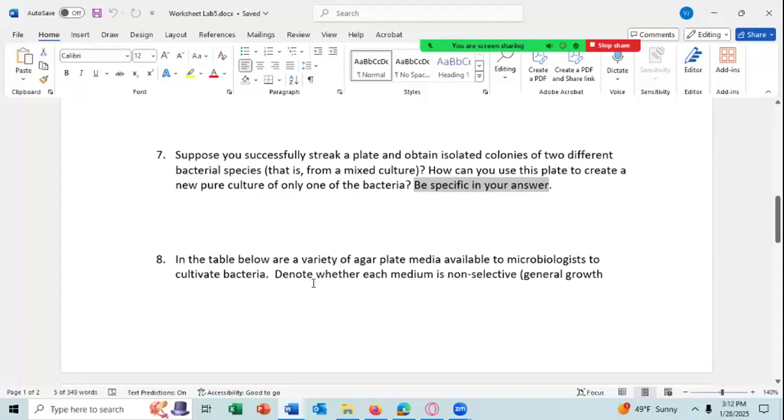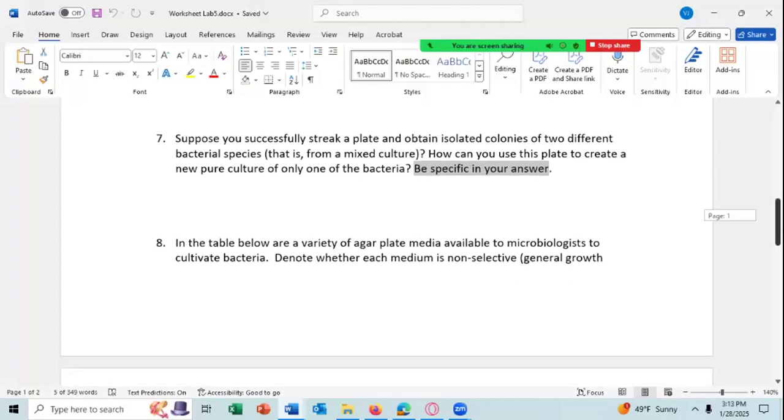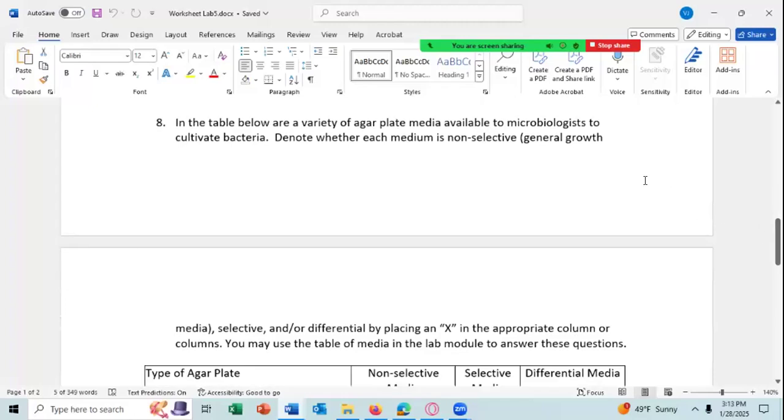8. In the table below are a variety of agar plate media available to microbiologists to cultivate bacteria. Note whether each medium is non-selective, a general growth media, selective media, and or differential media by placing an X in the appropriate column or columns.